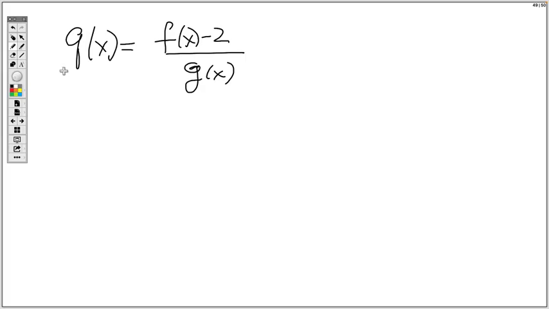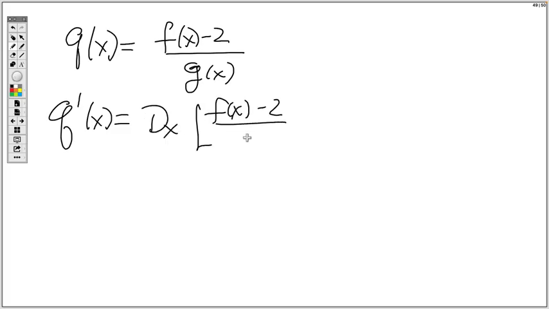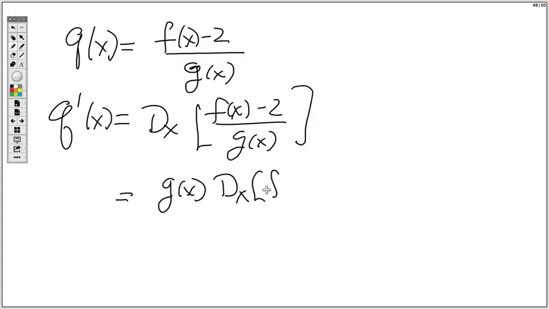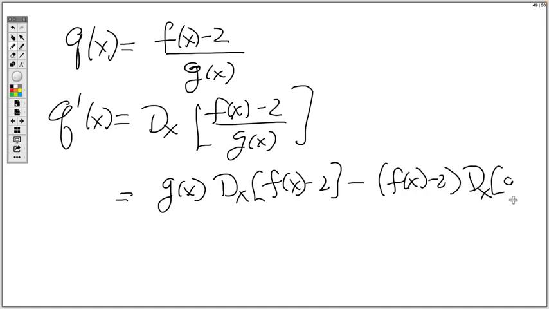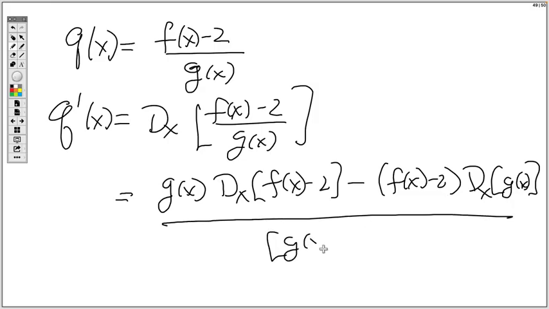So we got to hit this with quotient rule. So quotient rule says low D high minus high D low and square the bottom, and off you go.